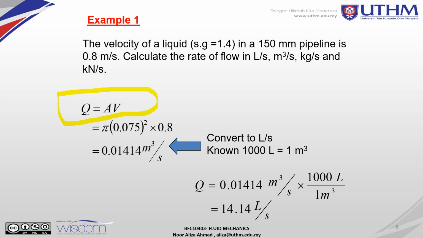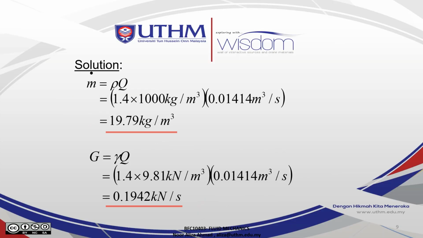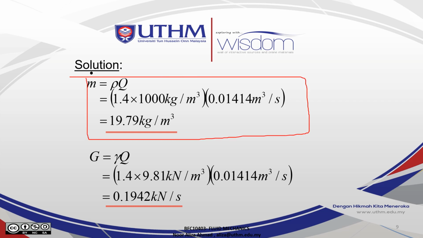We know that 1000 liter is equal to 1 meter cube, so you get this value. For the mass flow rate, you just use these equations and you get the value, and also use these equations for the weight flow rate.